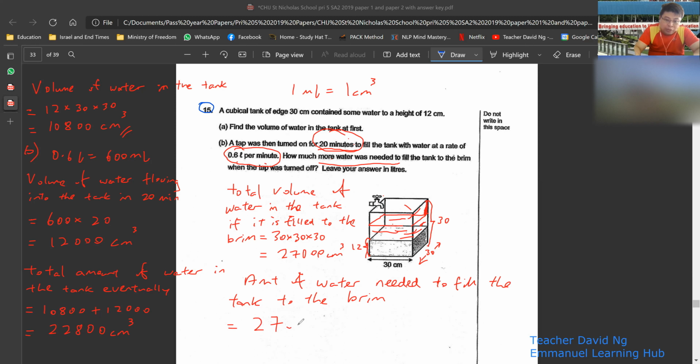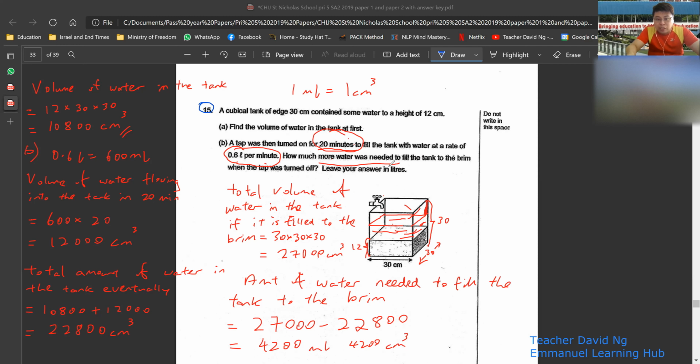So it's 27,000 minus 22,800. Ask good friend calculator. He'll report to you 4,200 ml or 4,200 cm3.